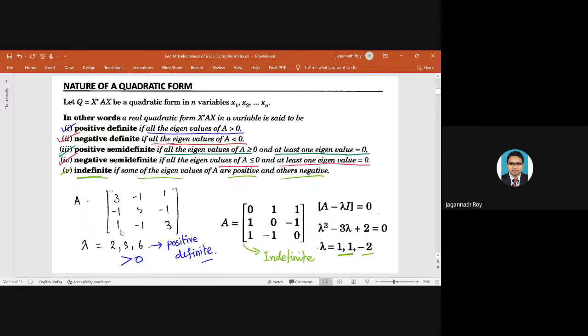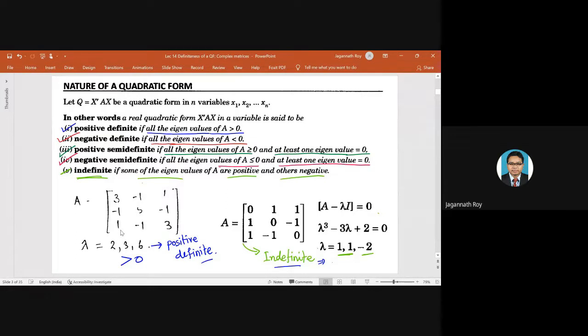When we have indefinite, it will indicate a function which is neither convex nor concave. So these are the properties used to study other important structure of the minimum and maximum.